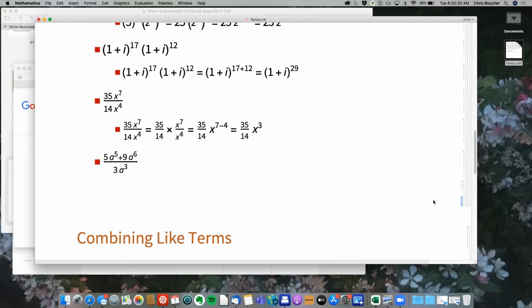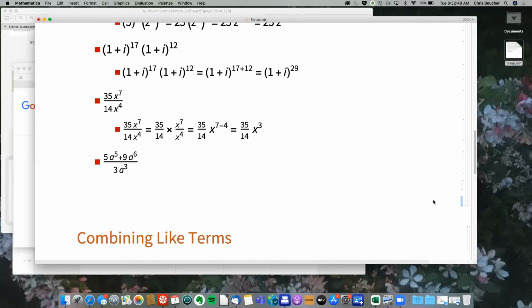Two terms are like if the variable is the same and the exponent is the same, right? This number up here is sometimes called a coefficient. So in these terms, 2 is the coefficient, 7 is the coefficient, 15 is the coefficient. The variable is the letter, and the exponent is the superscript number. If the variable and the superscript are the same, the terms are called like terms.